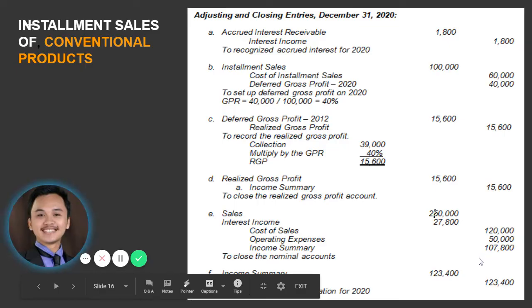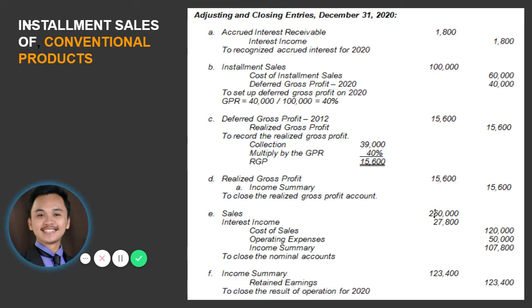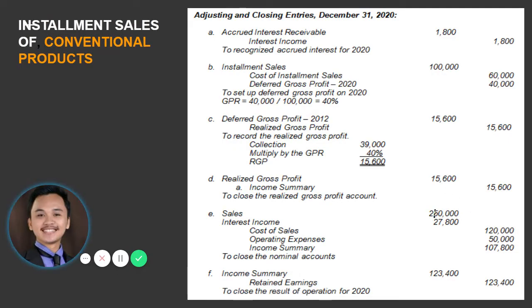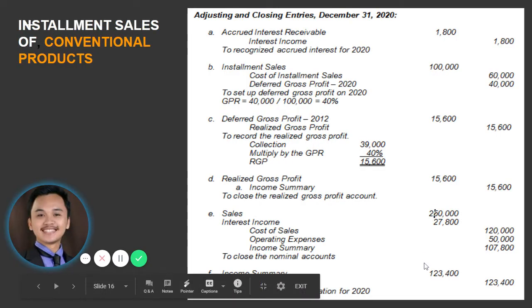Or that only means that we have an income from ordinary sales or regular sales ng 107,800. You add back the realized gross profit from our installment sales of 15,600, then therefore your total net income for the year 2020 will be 123,400. Okay? So those are the transactions pertinent for recording for the year 2020.